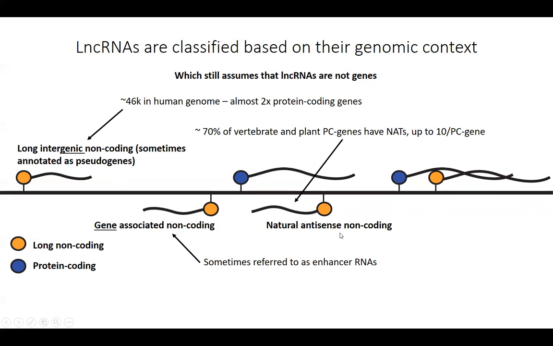So we call that antisense. Kind of overlapping underneath. This would be like the upside down of our transcription. Or we can have them start within the intron of a protein coding gene.